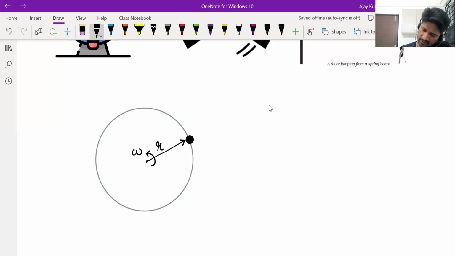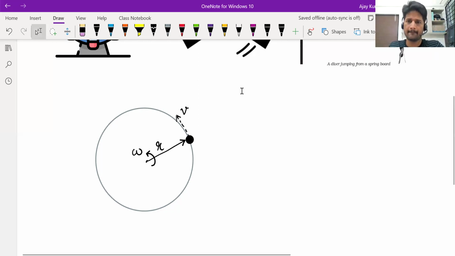Corresponding to that angular velocity, which is the rate of rotation, there will be a particular speed at which this object is moving. Can one of you tell me how v, r, and omega are related in circular motion? How is linear speed related to angular speed omega?